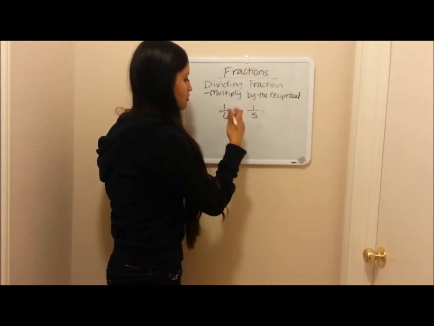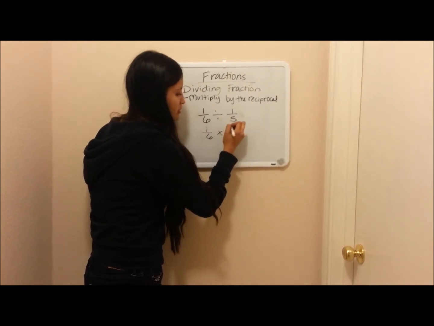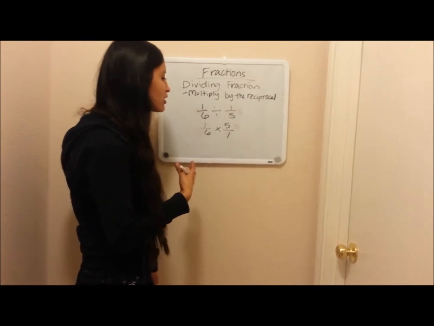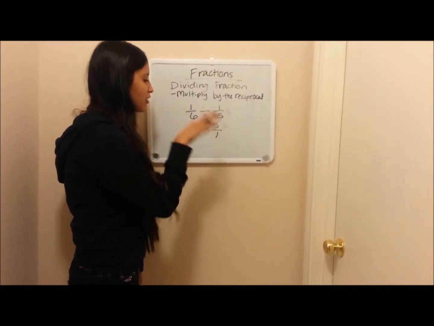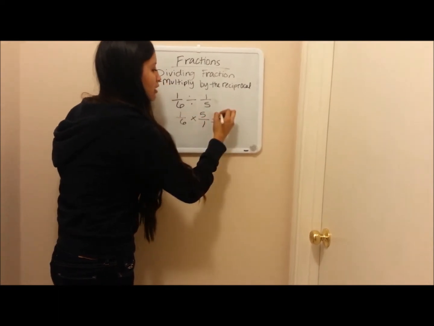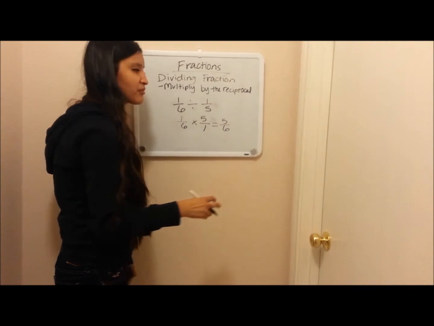So this is how it looks: 1 over 6 times 5 over 1. And since we learned earlier, all you have to do for multiplying is multiply straight across. So you would get 5 over 6.